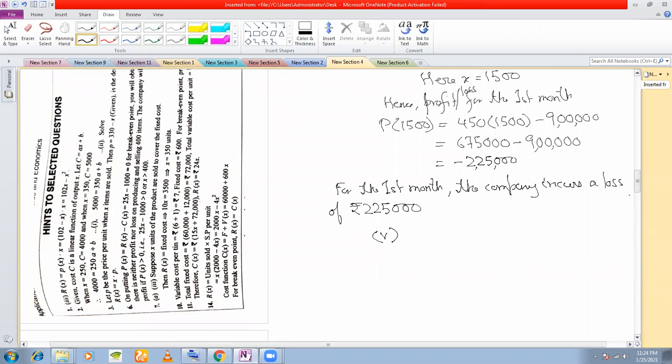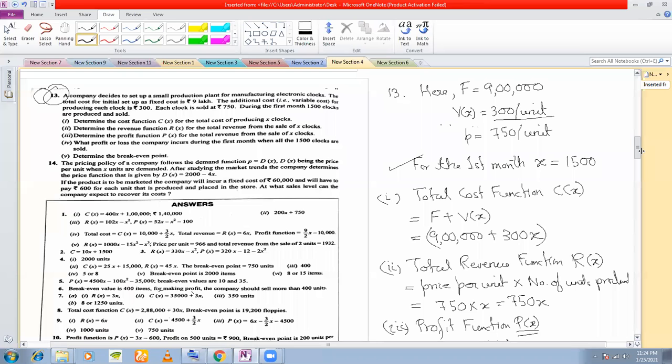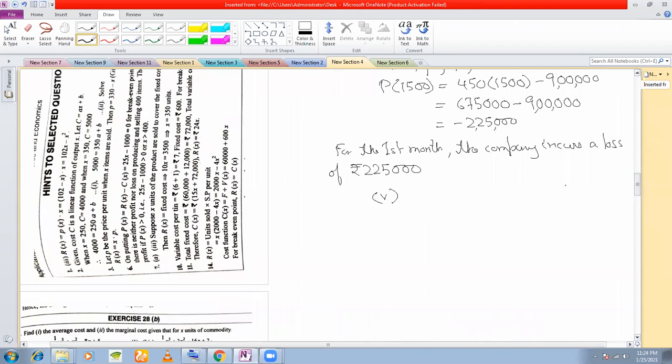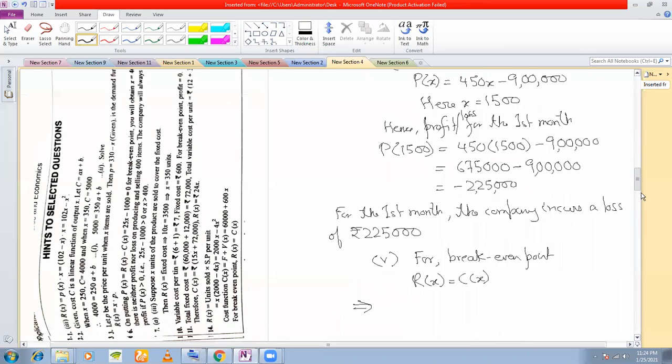If you read the last question, determine the break-even point. So break-even point is where R of x is equal to C of x, or P of x is equal to 0. R of x here we found to be 750x.